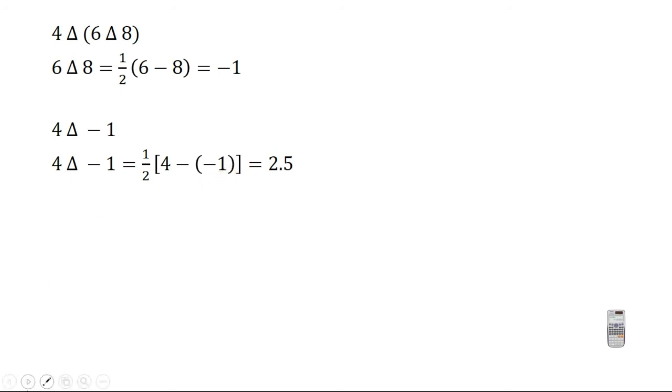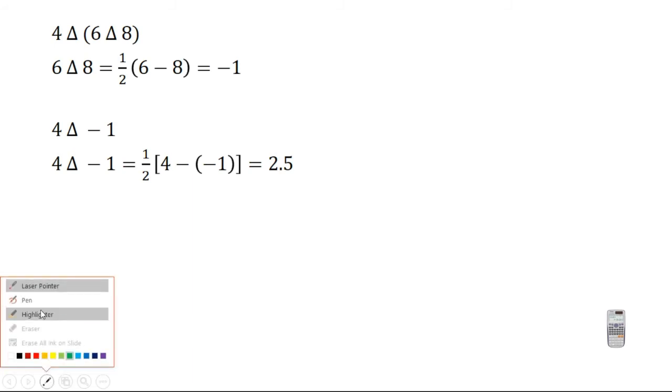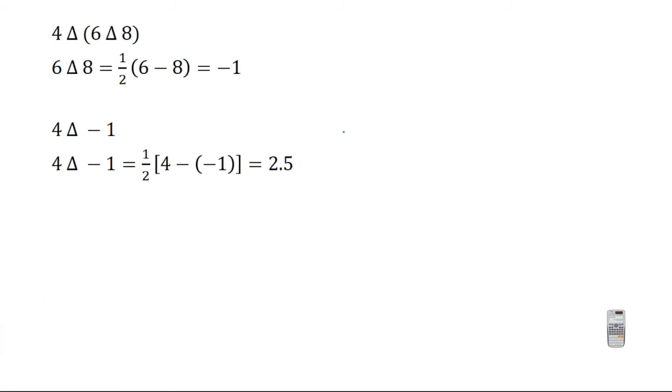In this case, don't forget that the definition of the operation is 1 over 2 into bracket A minus B. This time 4 is going to be A, so A will be equal to 4 and B will be equal to negative 1.